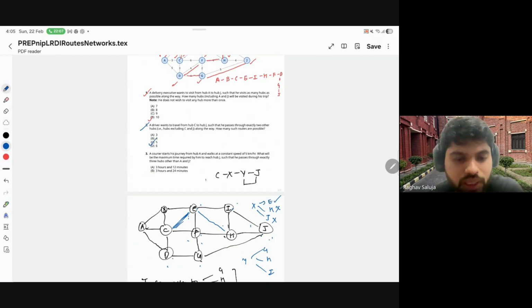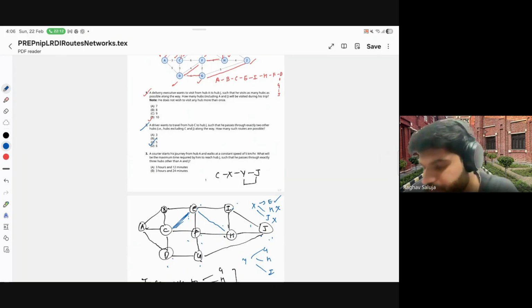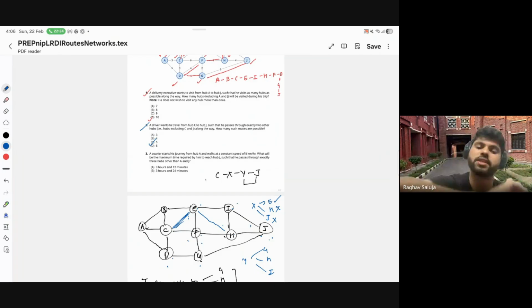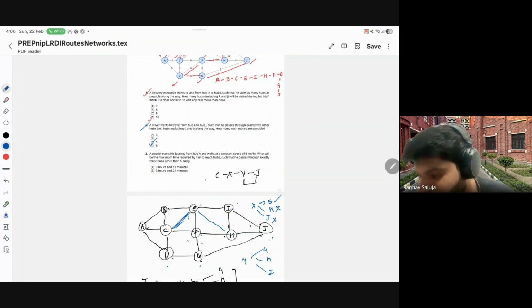I hope the concept is clear. The fundamental is clear that whenever such type of questions arises, you have to go from this place to this place with 2 hubs in between or 3 hubs in between. How many cases are possible? We'll always backtrack. That is, हम J पे खड़े हो जाएंगे.